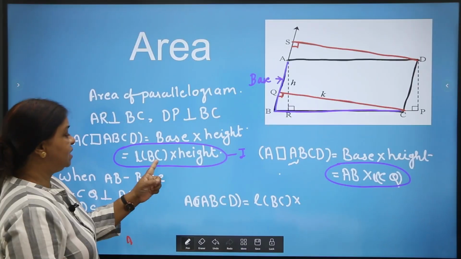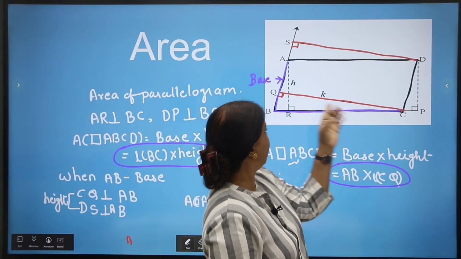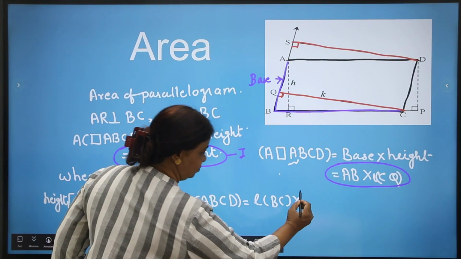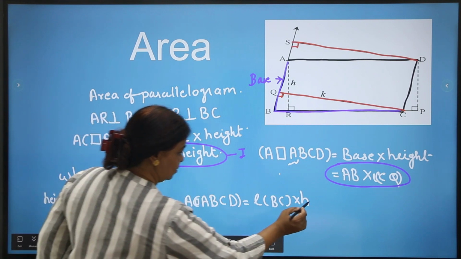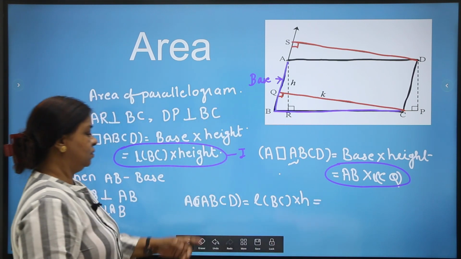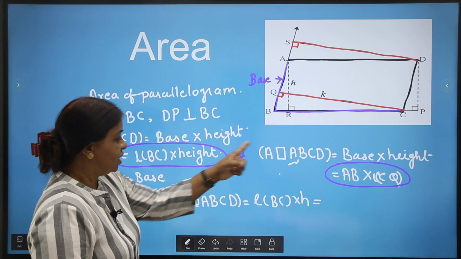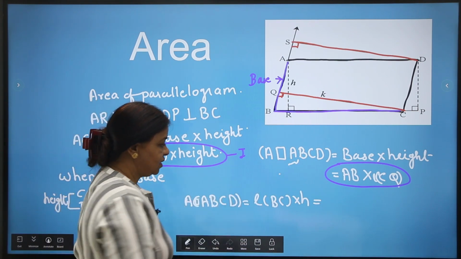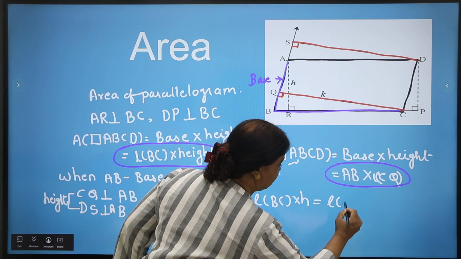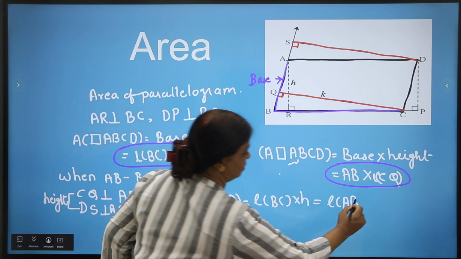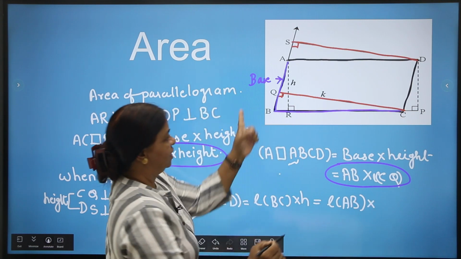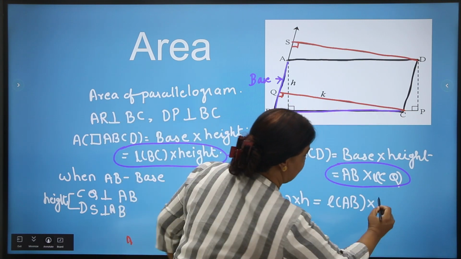BC is the base, that time what is the height? H, and this area is equal to length AB, when AB is the base, into what? Height, which is K.